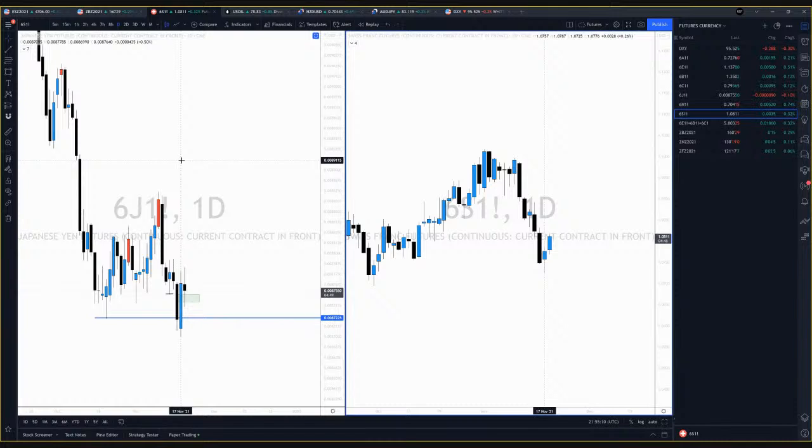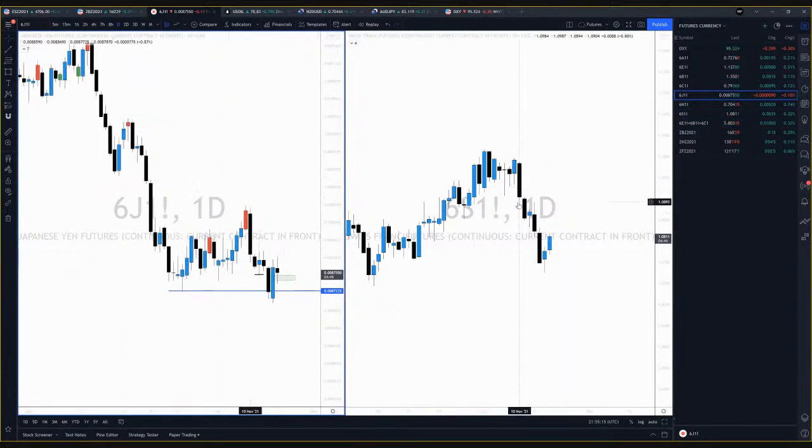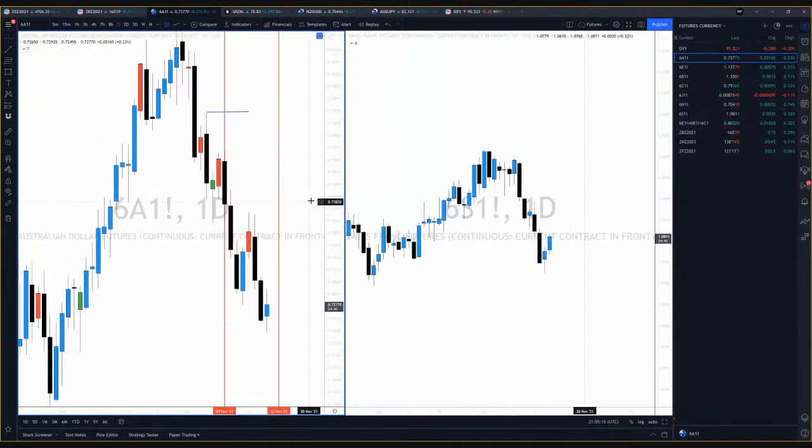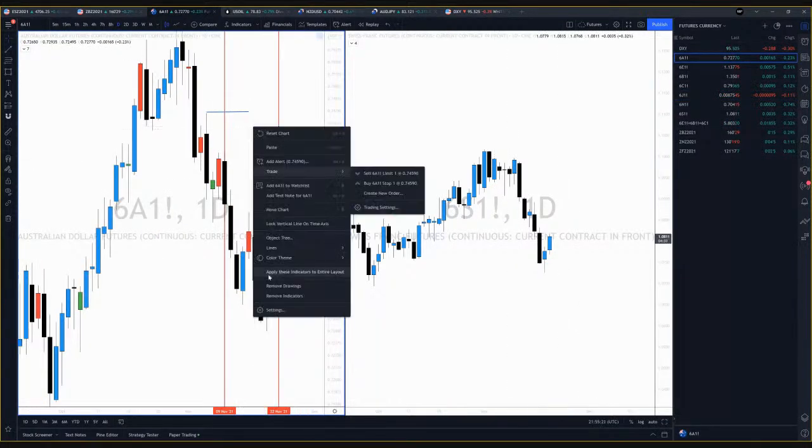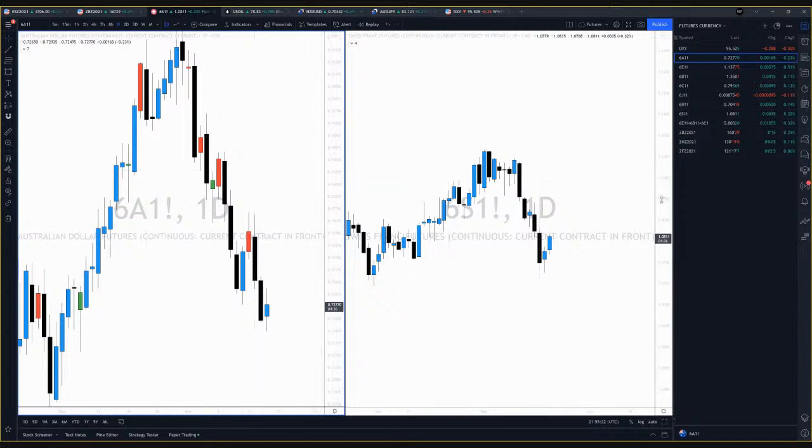Now, if you put it on the daily, this is going to give you something. Switch between each individual currency and then see which one is doing the opposite.